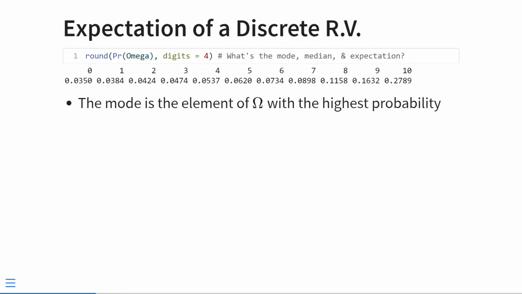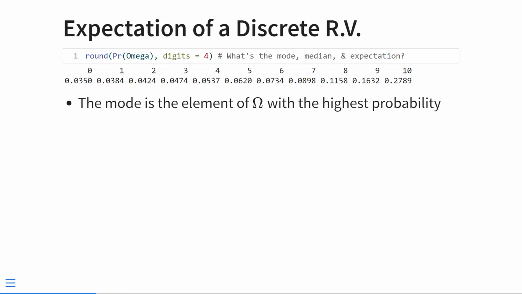Which in this case it is. 10 is the mode for this probability distribution for the number of pins knocked down on the first roll of a frame of bowling. So that's good. Another thing to keep in mind is the mode is not a very important concept for Bayesian analysis. It's a much more important concept for frequentist analysis. But you should know what it is either way.